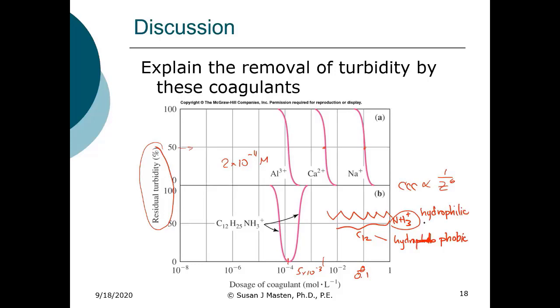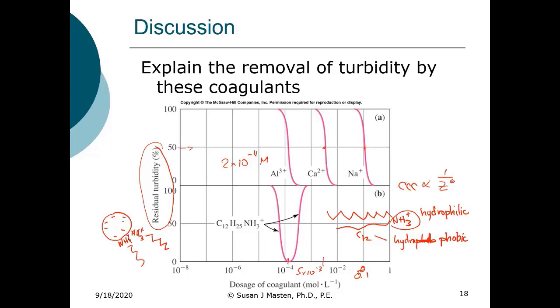So basically what happens is, if we have our charged particle, the ammonium end will associate with the negatively charged particle, so it will complex there, leaving these long chain species.